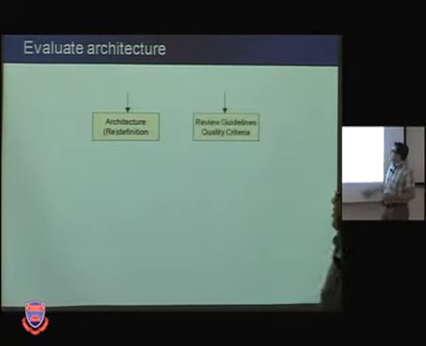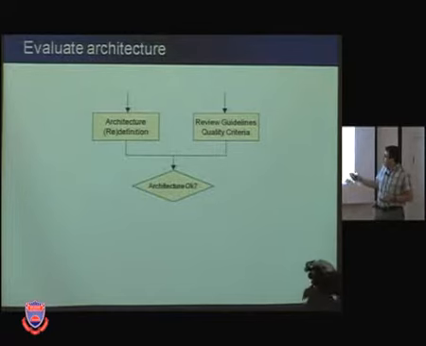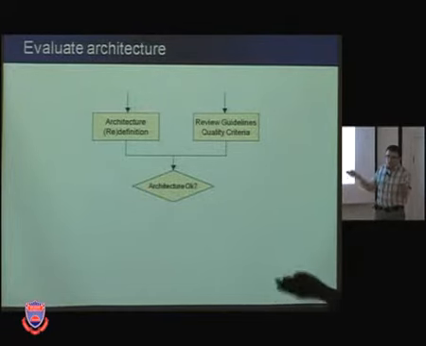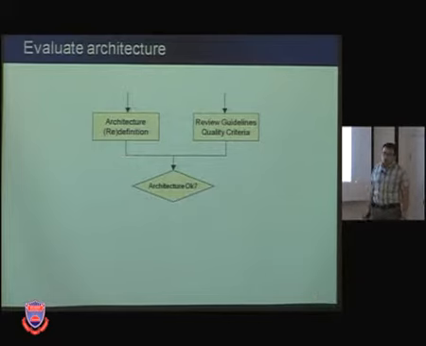How do we evaluate? Based on some quality criteria derived from these stakeholder concerns. So we have on the one hand architecture, on the other hand quality criteria, the concerns. Then what's architecture evaluation? You just check whether the architecture meets these quality concerns.